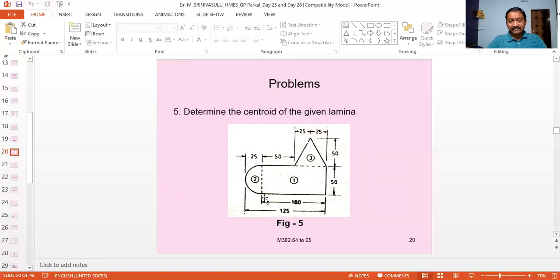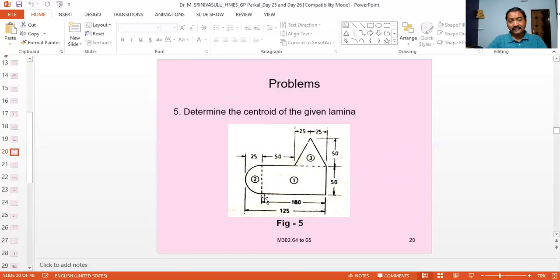So first we take down this figure, then we have to divide the given figure into the standard areas, and then we have to number it. Then accordingly we have to find out the individual coordinates of the standard figures. Then we have to find out the areas.